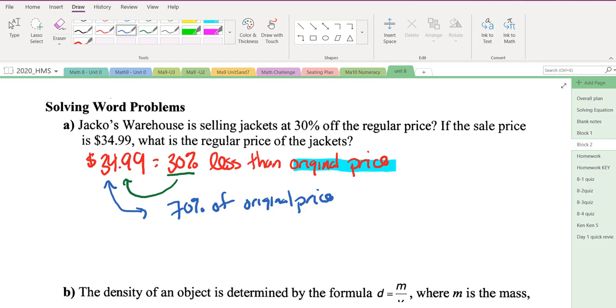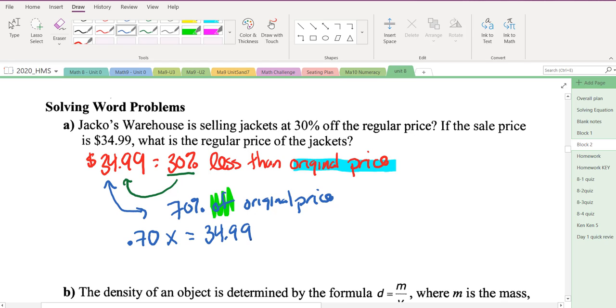Right? So now, when you see the word "of", mathematically that translates into multiplication. So to translate that into a sentence, well, 70% is 0.70 of the original price, we don't know, we'll call that X, is how much you paid, $34.99.